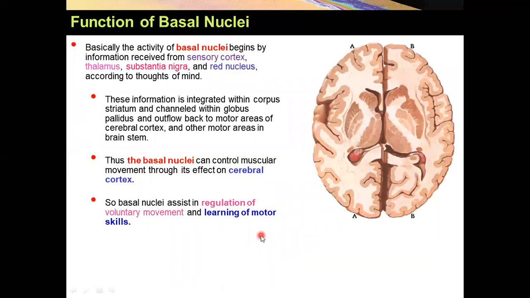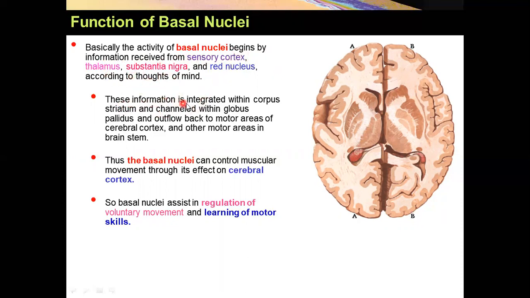Now let's review the basic functions of the basal nuclei that we have been talking about here. So the activity of the basal nuclei starts by information received from sensory cortex, thalamus, substantia nigra, and red nucleus, according to thoughts of mind.